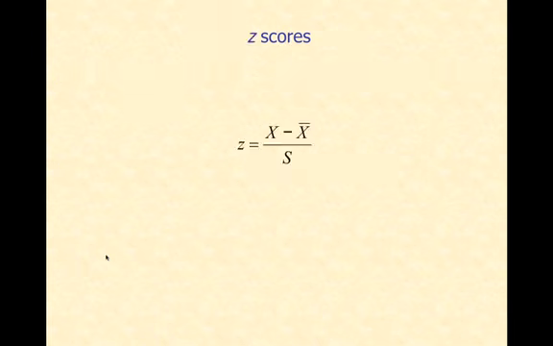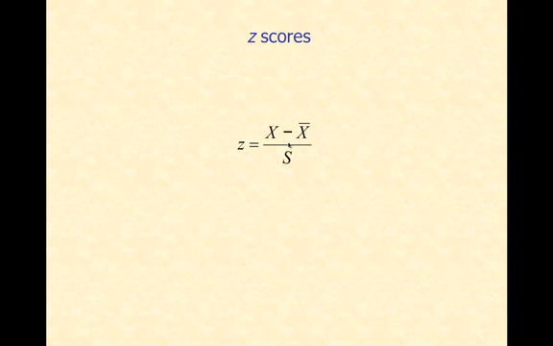And a z-score is nothing more than our observed score. Okay, so Billy got 115 on a test. And the mean score is 100. And the standard deviation is 15.